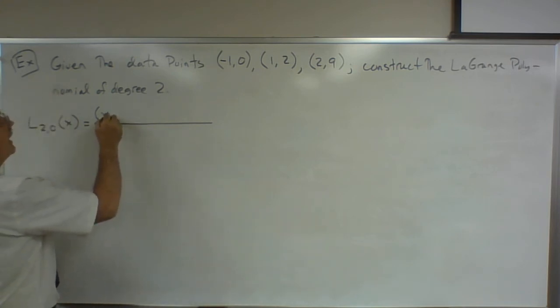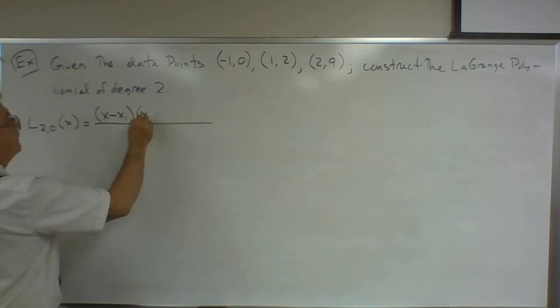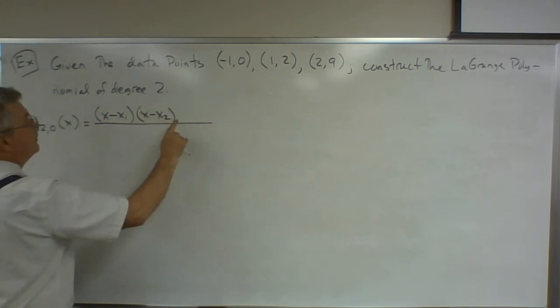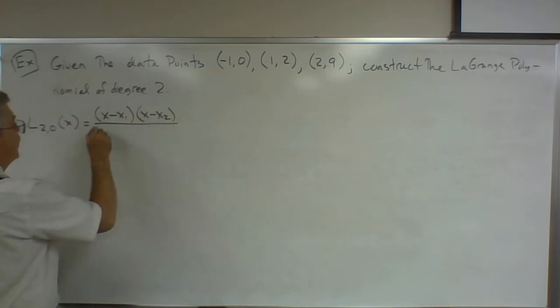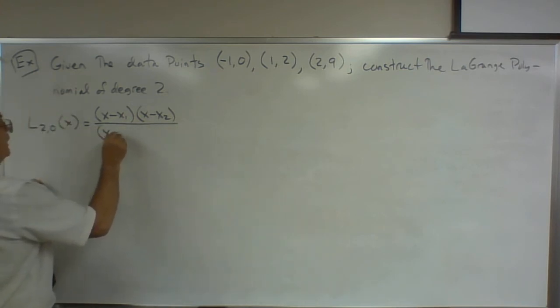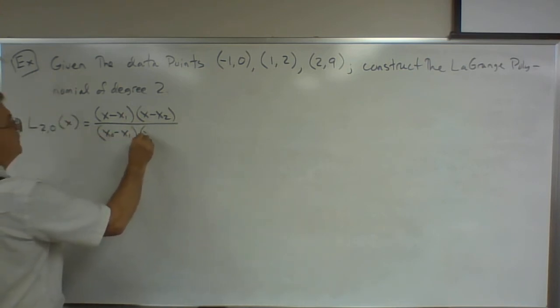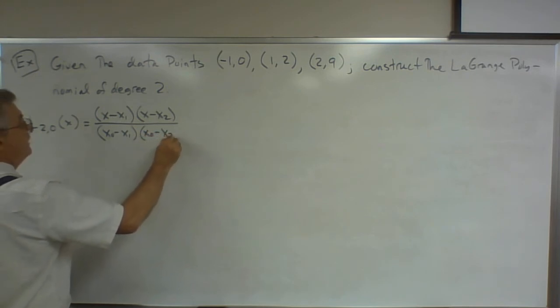So we'll have x minus x1 and x minus x2 all over x0 minus x1, x0 minus x2.